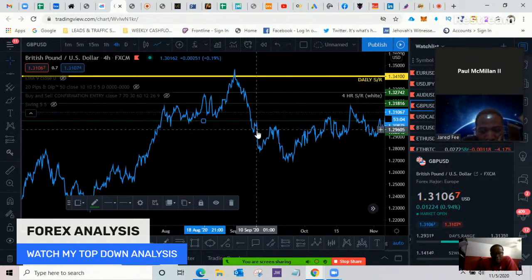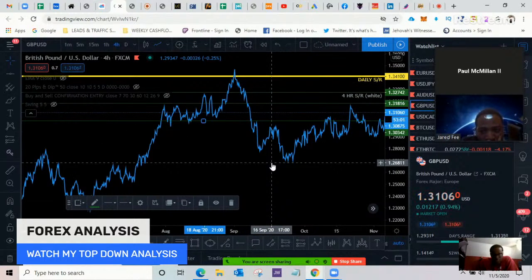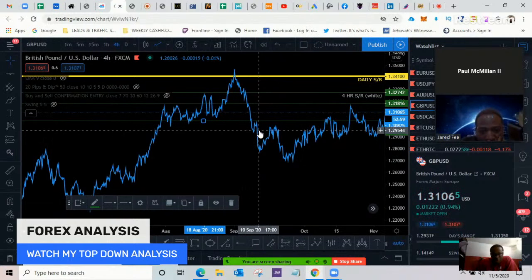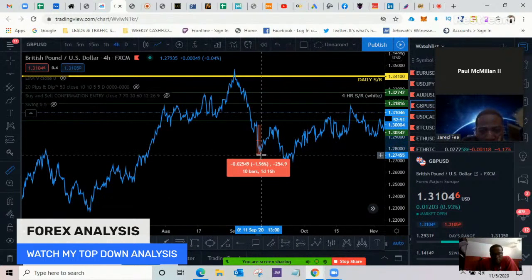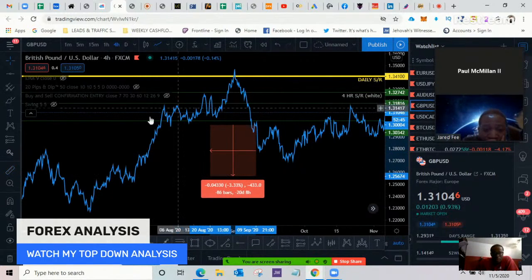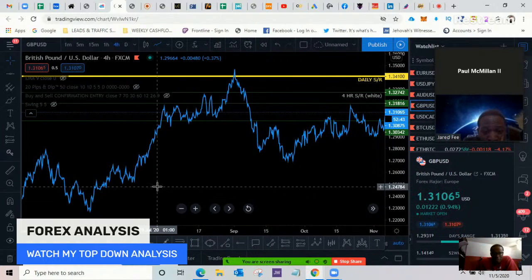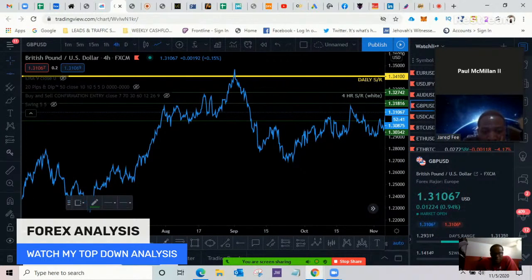And now it's shot straight down into a huge downtrend. A person could have caught some major pips even on this retest on a 4-hour. That's about 254 pips, which is huge. All right. So it gives us a perspective on why it's important to understand support and resistance.